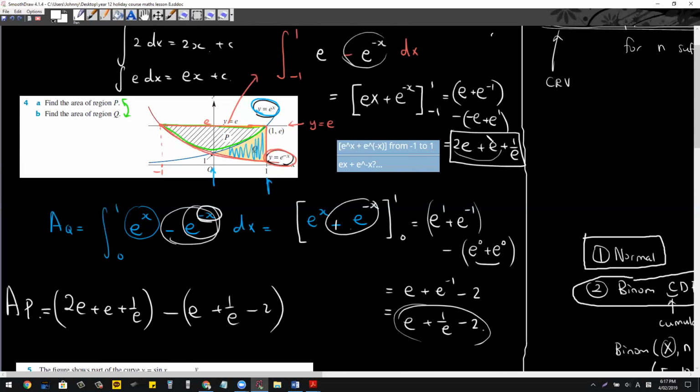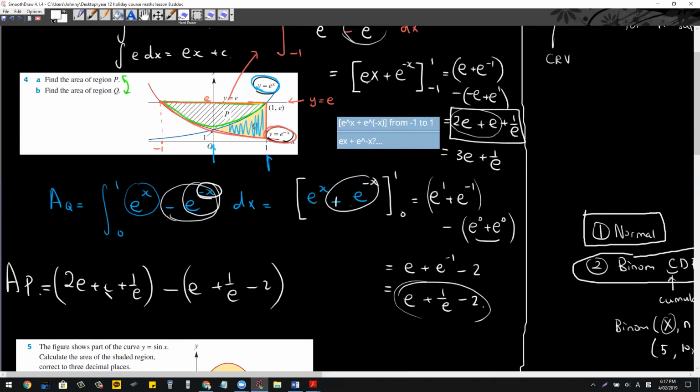This is 3e, right? This is 3e. So I should have just written like that. Yeah, that's right. So this is just the 3e, sorry. So this is a like term with this one, but they cancel out because it's a minus. So this is going to be 2e plus 2. So that's going to be this area here.